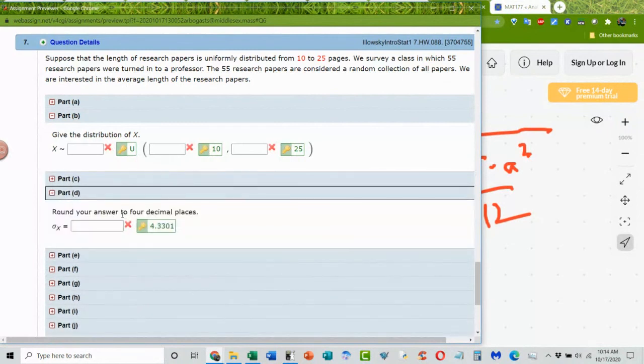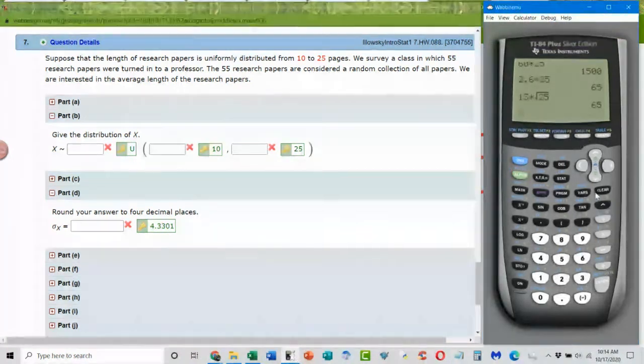What is the standard deviation? So it's 5 squared minus 10 squared divided by 12. I get that, and then I take the square root of it.